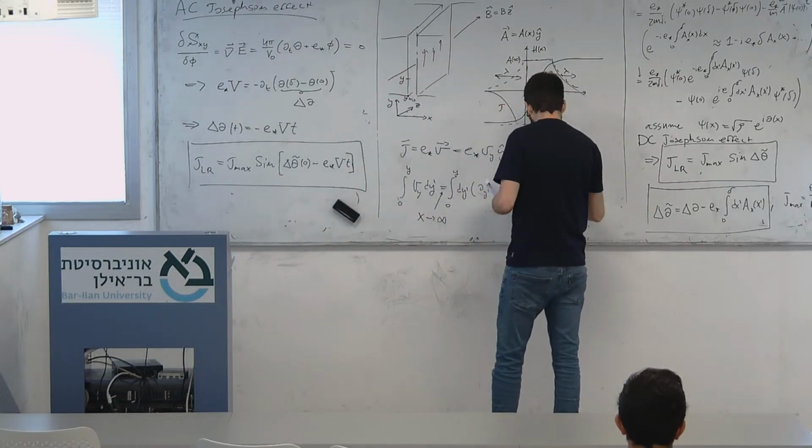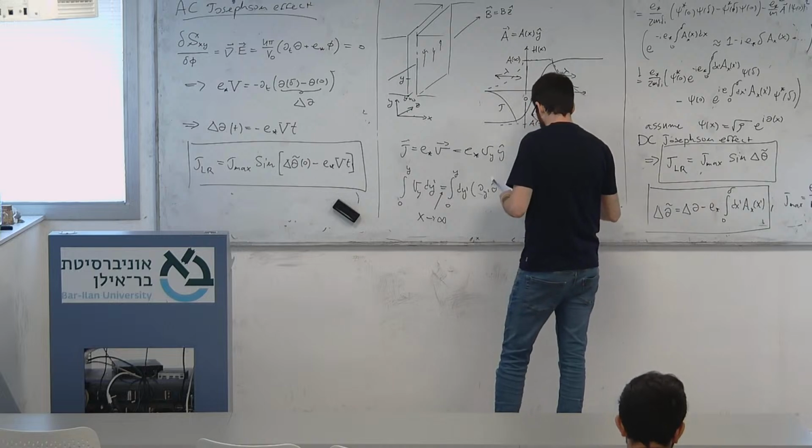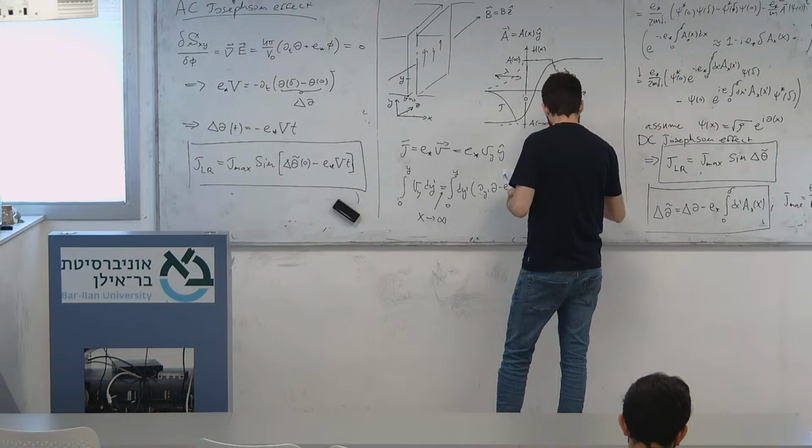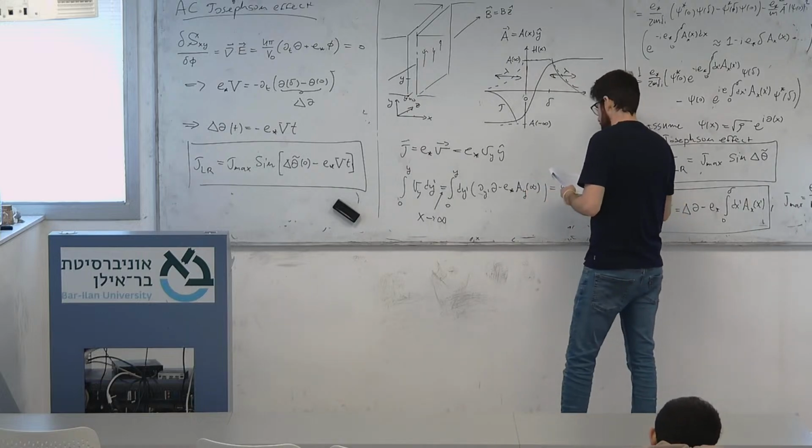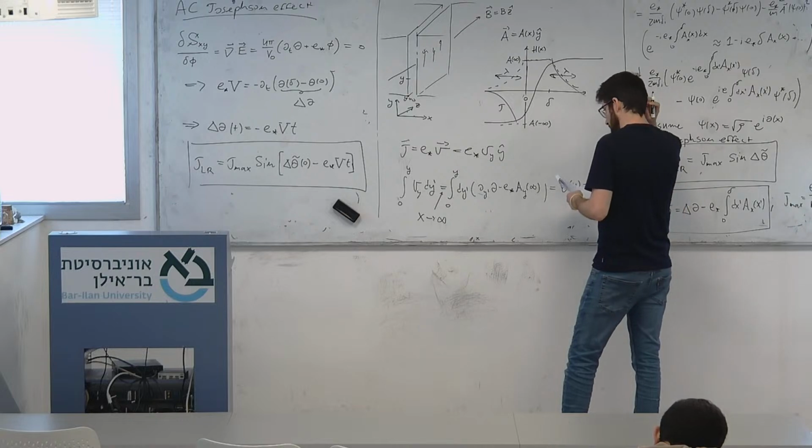Then what we get is theta of y minus theta of 0, minus E star Ay of infinity times y.